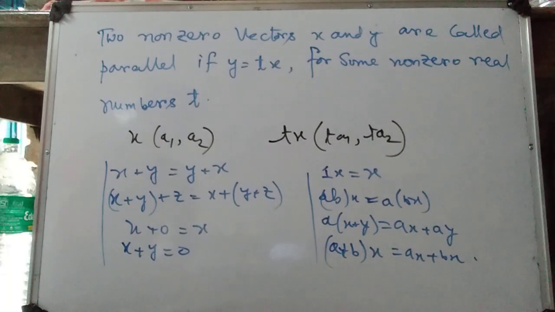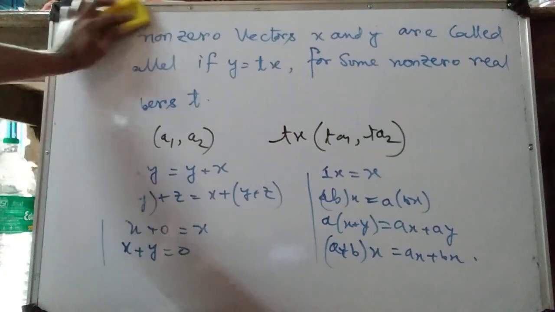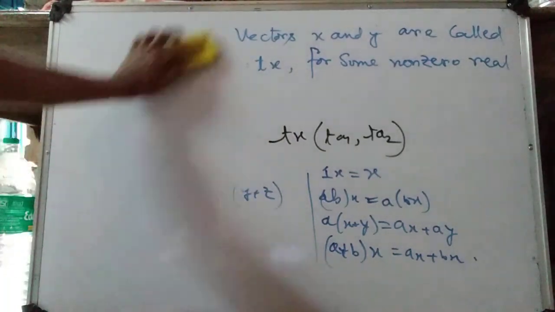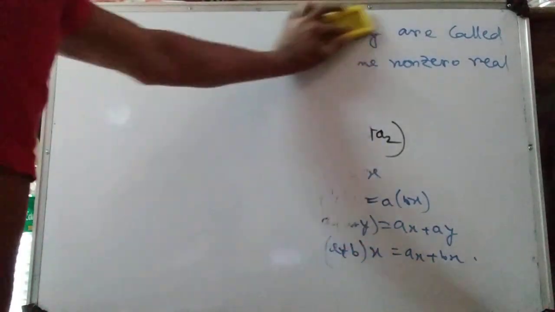When parallel, then with this one we discuss. Now we are going to discuss a problem which gives the equation of a line that passes through two distinct points, and how we obtain this. We erase that portion and go on to further discussion of that.